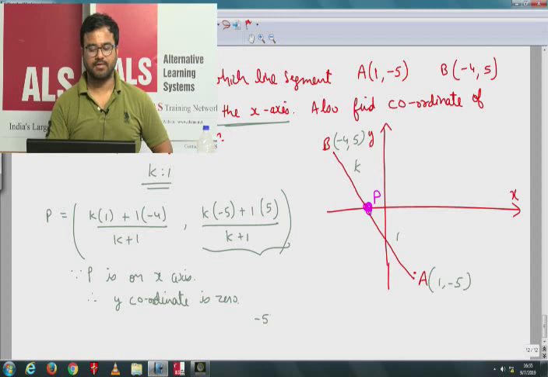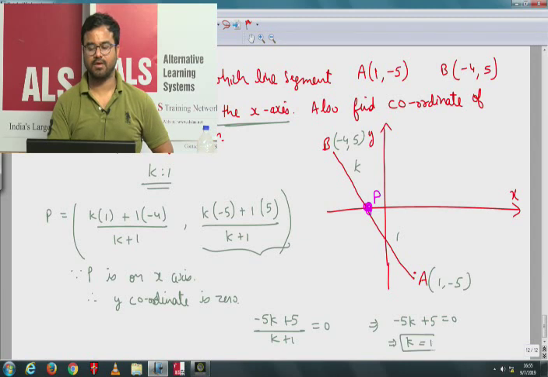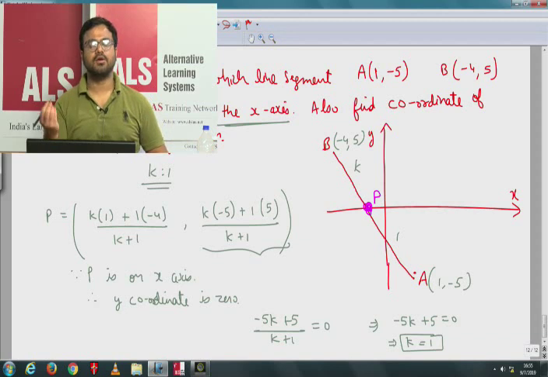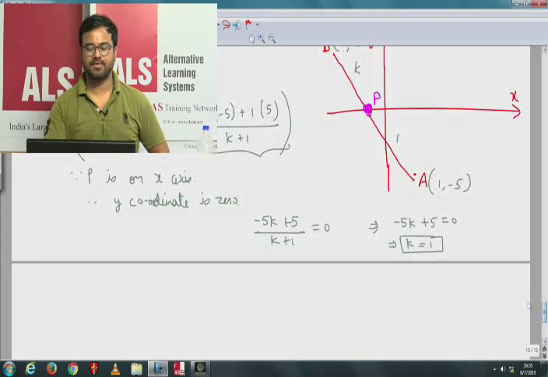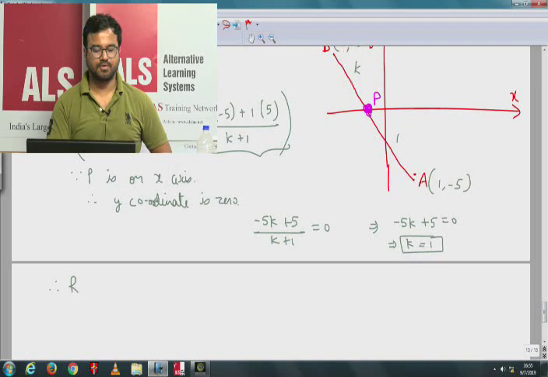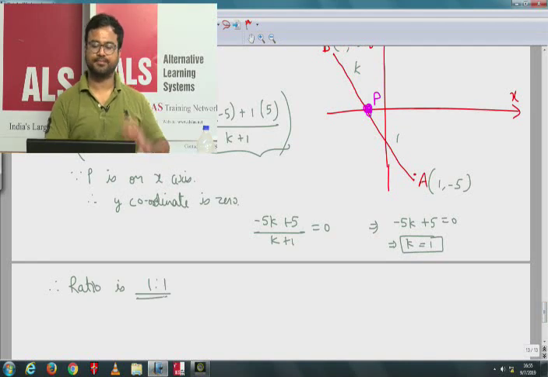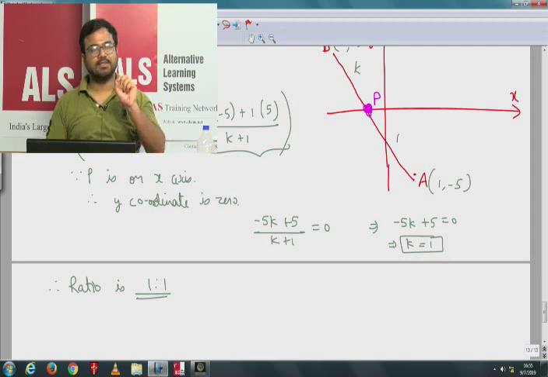So minus 5k plus 5 over k plus 1 is equal to 0. It implies that minus 5k plus 5 equal to 0. It means k is going to be 1. So if k is 1, then the ratio is 1:1. And this is the ratio.